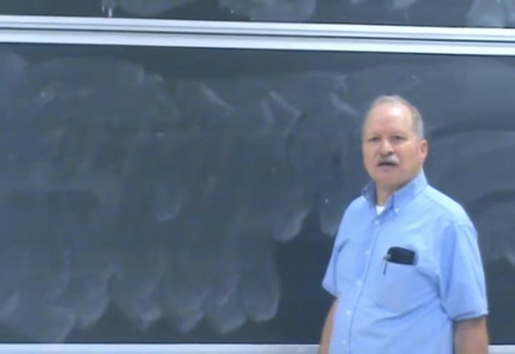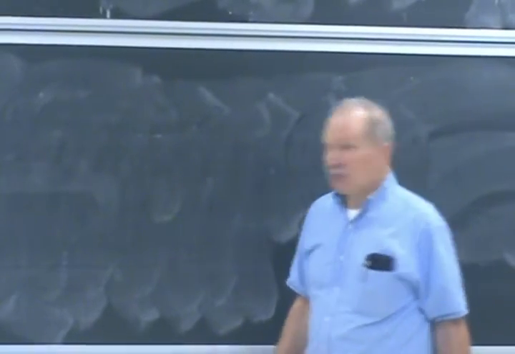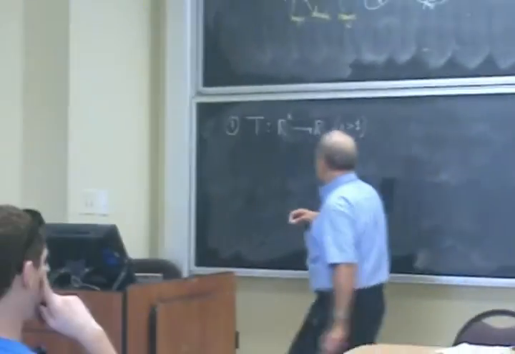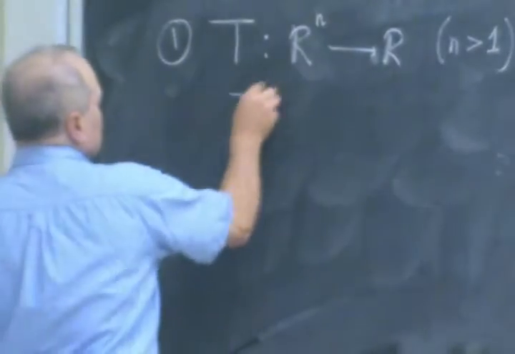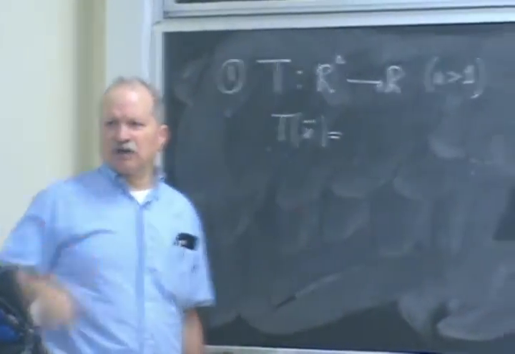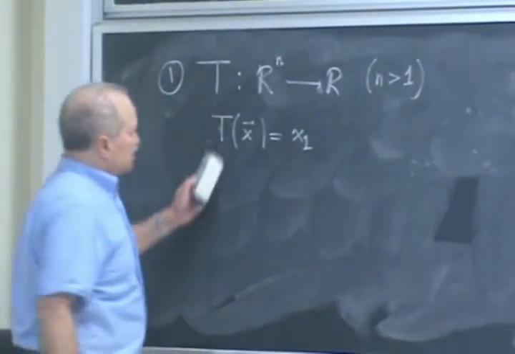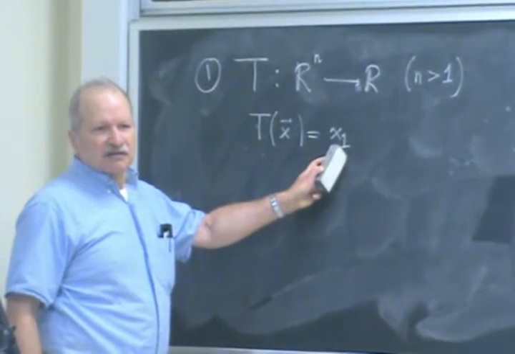You do T of x, y equals x. So T of vector x, you're actually just saying take a component, right? Yeah, take the first component. So Bryce is saying take the first component of the vector x.